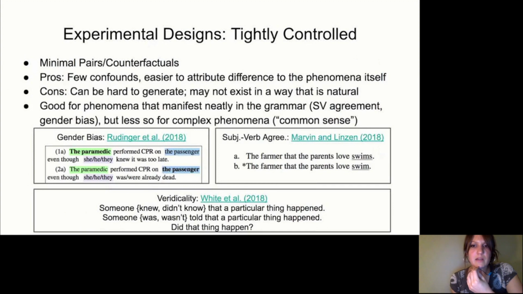For other more complex phenomena, so things like semantics, and especially when we get into things like pragmatics and common sense, some of the phenomena that I find really interesting, it can be really hard to control in this way. So it can be hard to come up with what the counterfactual sentence would be in a way that we would have clear predictions about how a model should treat these kind of false claims or implausible co-occurrences for semantic and common sense phenomena.